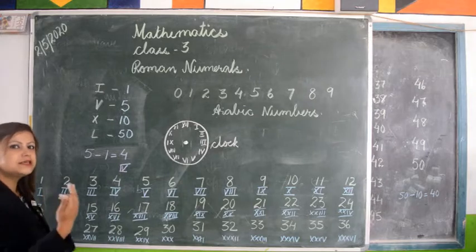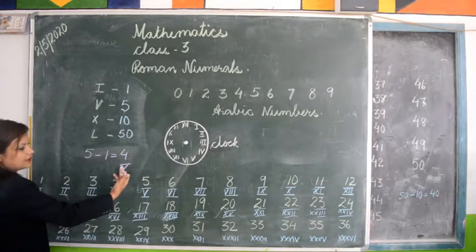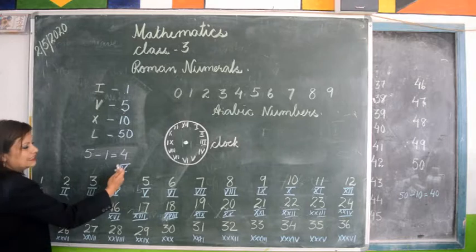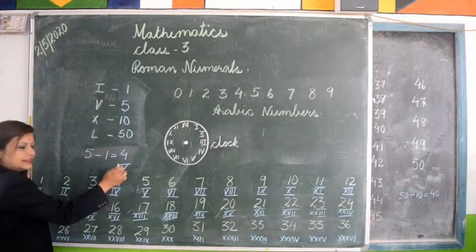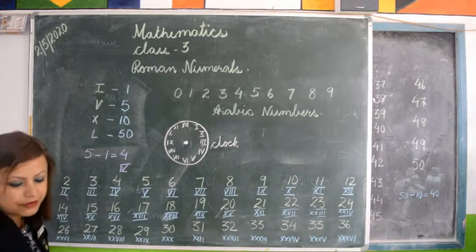If you have to subtract, you put the letter in front. If you have to add, you put the letter just on the right hand side of the letter. V. This is how we write 4.